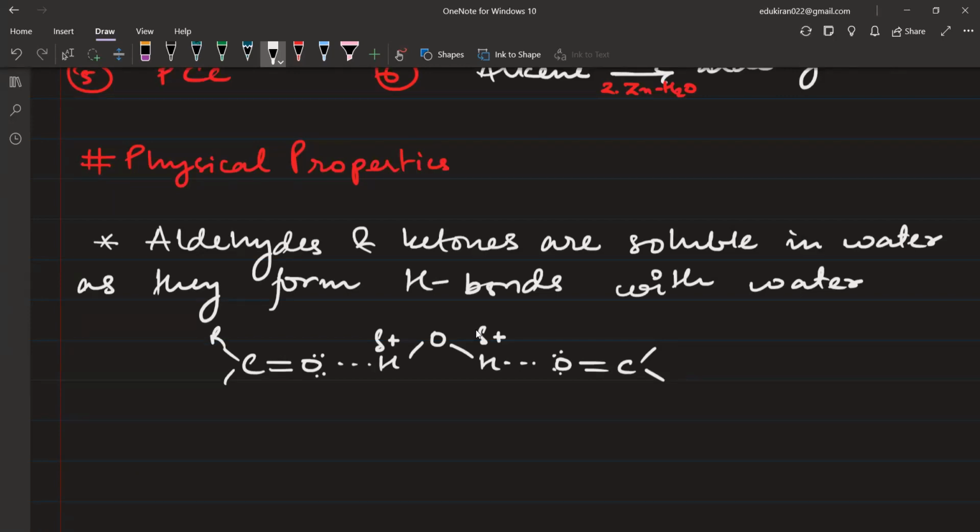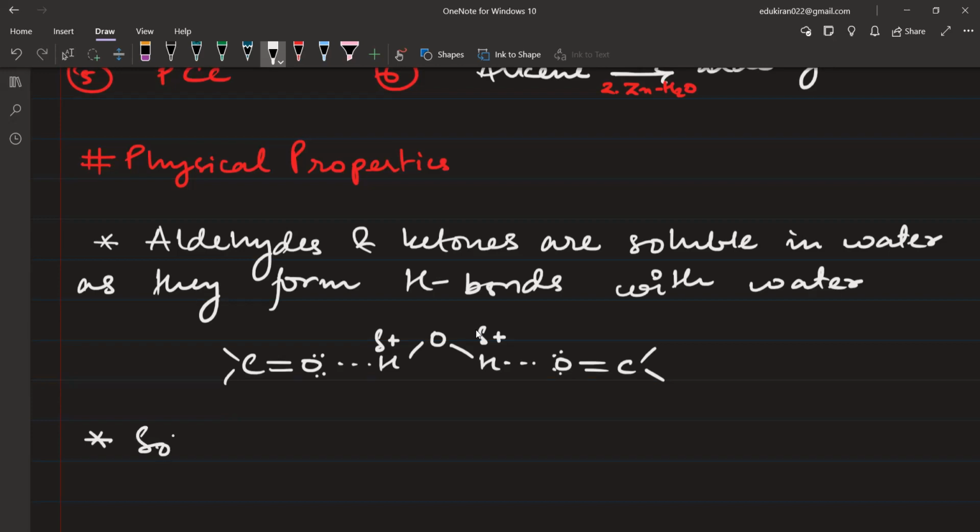But if I increase the R groups present here. If it is a ketone, there will be R groups on both sides. If it is an aldehyde, there will be an R group on one side and hydrogen on the other side. That means alkyl groups are also present. So if I increase the number of carbons in the alkyl group, if the alkyl chain increases, then solubility will decrease, because the alkyl chain is not participating in hydrogen bonding, only the carbonyl group is participating. The alkyl chain is non-polar, so it is not favorable for solubility.